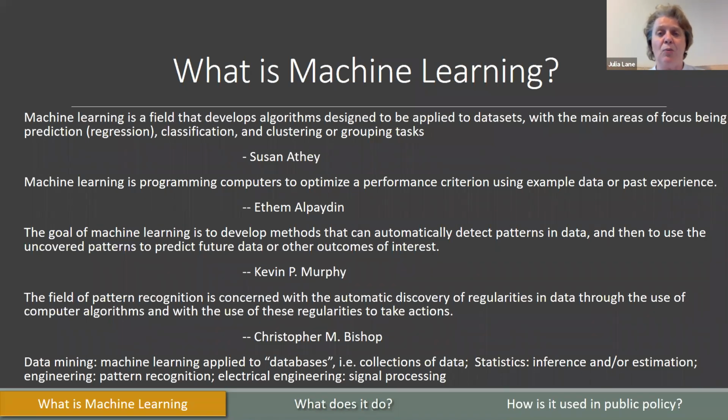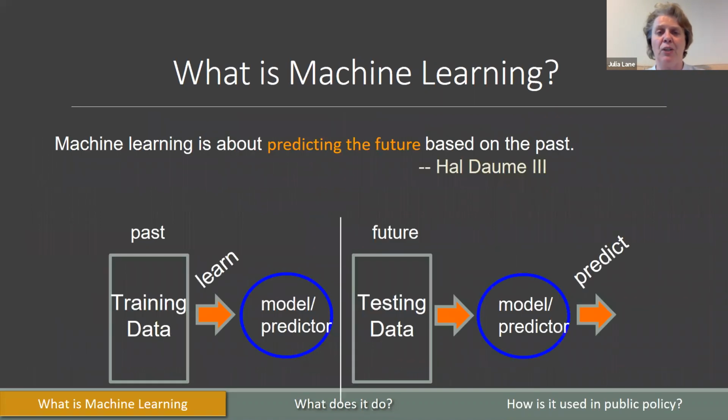In statistics, which is where most social scientists and most people trained in public policy come from, we think of it as inference or estimation. Engineers call it pattern recognition. Many different terms, but the core notion is an algorithmic approach to taking in lots of information, doing analysis of it, and then improving as it is provided more information.